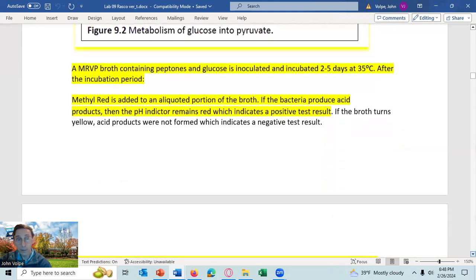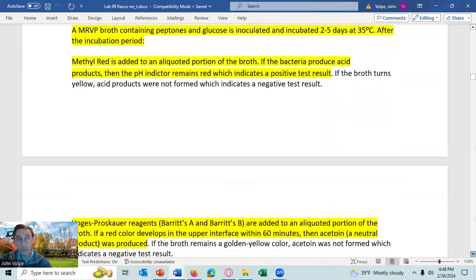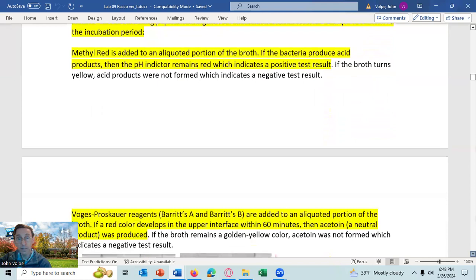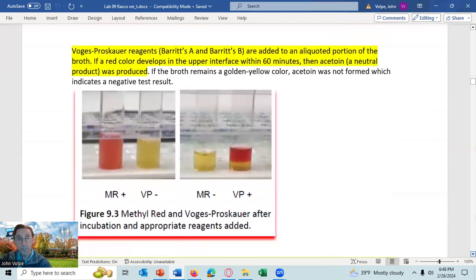If the methyl red, when you add it, changes color to yellow, then that would be methyl red or MR negative. Any question about any of that? So there is an MR positive result, there is an MR negative result. So when you added methyl red here, it quickly changed color to yellow. And this remains red. So methyl red positive.